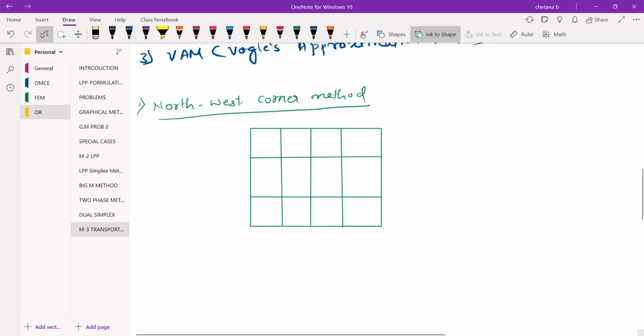You have the costs, and the demand and supply are given. So there are three sources. Student: Ma'am, how will they give the question for this? They'll give the table directly, with sources and destinations.